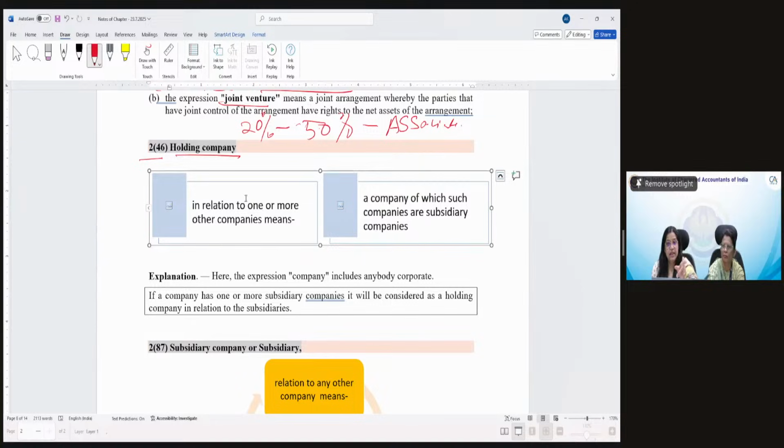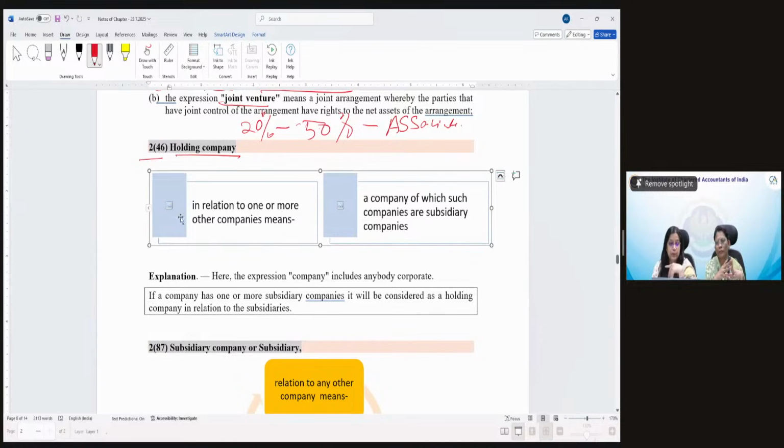Then when we started reading the definition of joint venture, because two companies were again involved in private and public company, there were no two public companies. But in case of associate company, because you need to have control, that means two companies are needed. Of course, it will be associated to someone. It cannot be alone. So you require two companies. It will be in relation to another company. So these are key terms that you will be writing in your examinations, and that will help you to remember also.